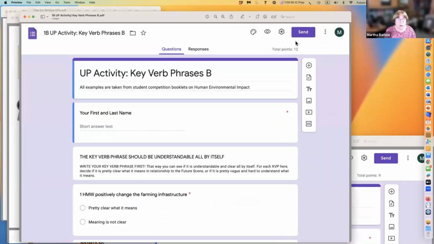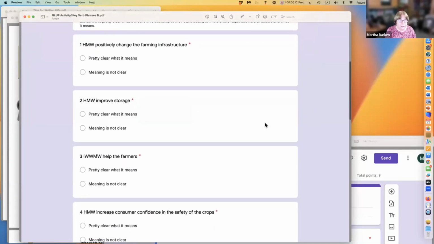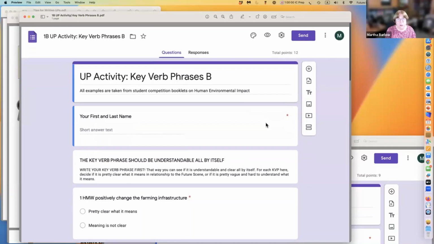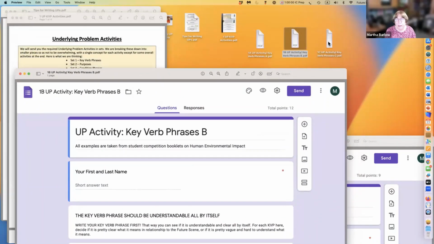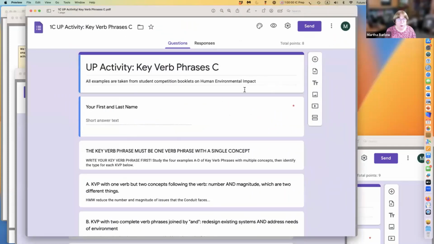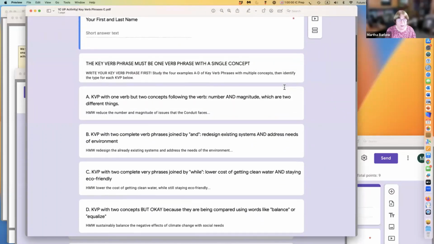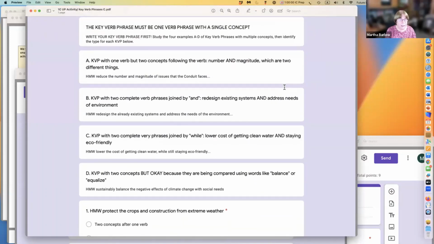Here would be the second one on understandable by itself. Okay, is it pretty clear what it means? Or if it's not really clear, all by itself. And then the third one here has to be a single verb phrase, one verb phrase with a single concept. And so you're just asking, these are the answers.